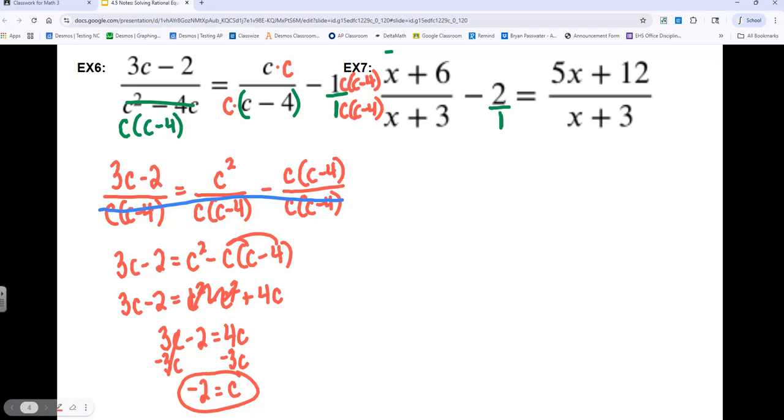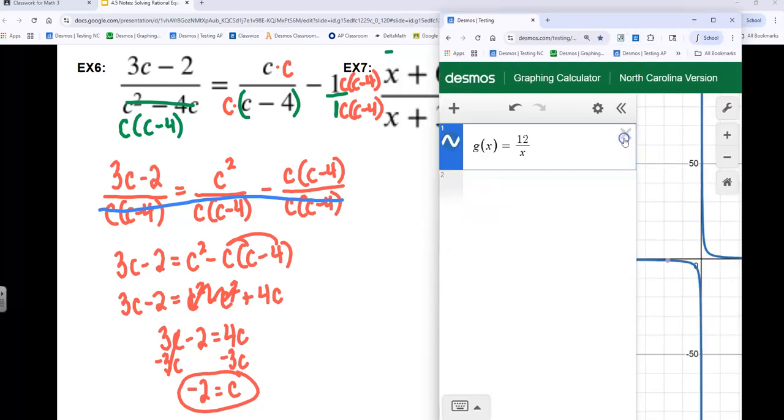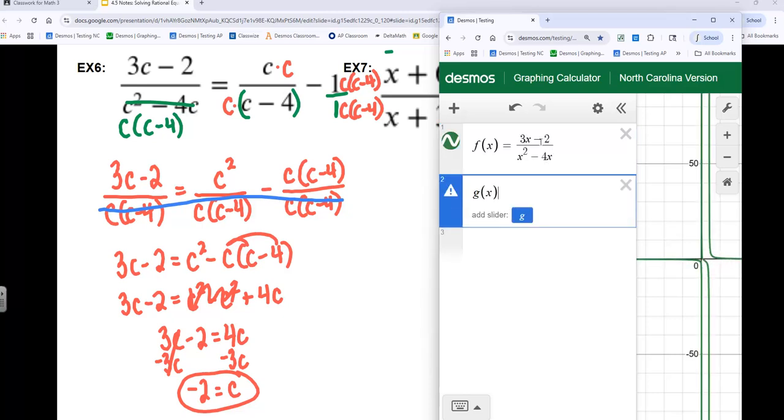For that, we want to check every single one of these on Desmos. F of x equals 3x minus 2 over x squared minus 4x, and g of x equals x over x minus 4 minus 1.